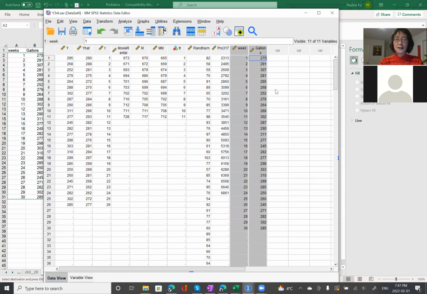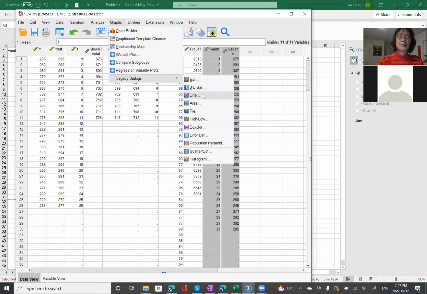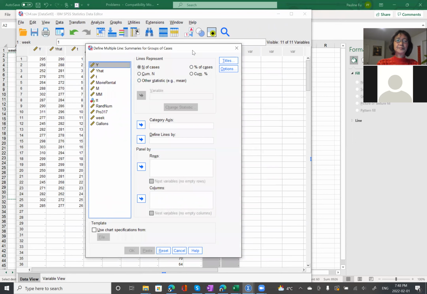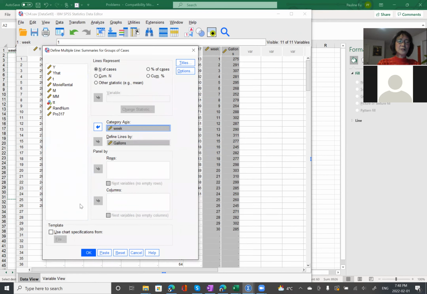So how do I create a line chart in SPSS? Go to graph, legacy dialog, line chart, simple, summary for groups of cases, define. Define line by gasoline category. I'll try this.